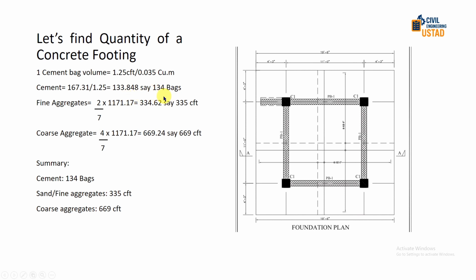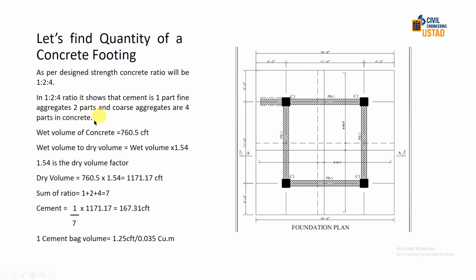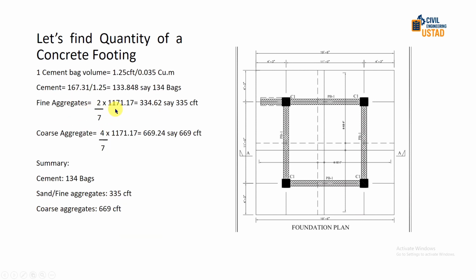Okay, so for fine aggregates, we will use the ratio of fine aggregate. As you can see, the ratio for fine aggregates is 2 parts. So we will multiply 2/7 into the total dry volume. So we will get 334.62 cubic feet, say 335. After that, we will get the coarse aggregate.